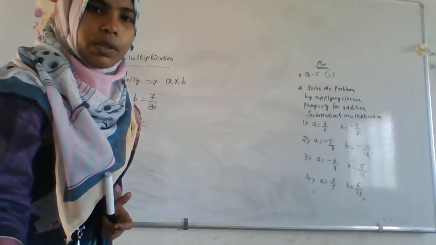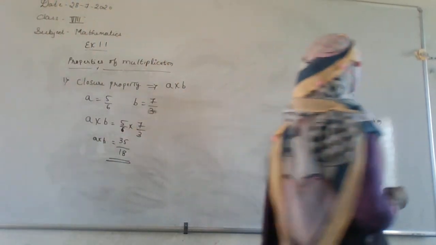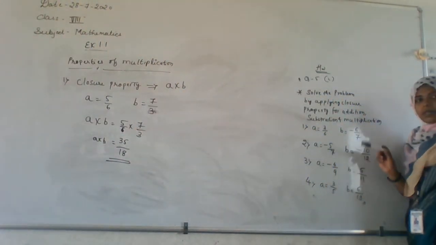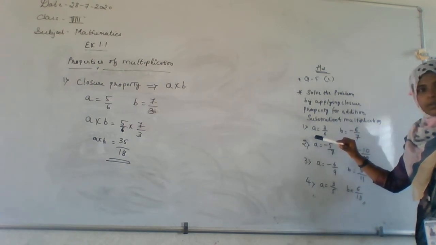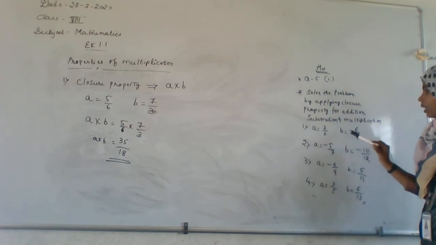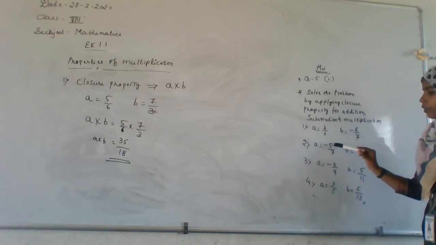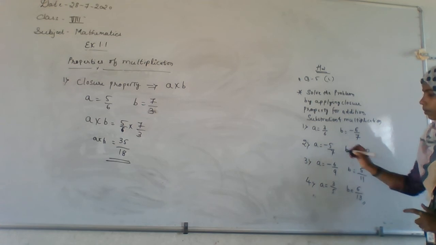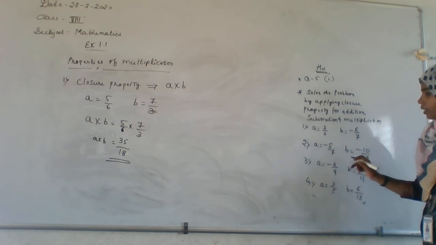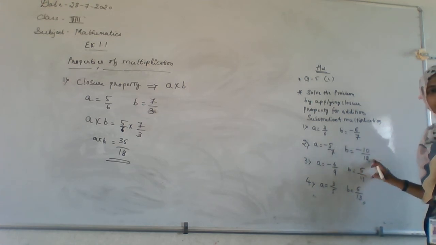I hope it is visible now. Here A equal to 3 by 6 and B equal to minus 6 by 7. A equal to minus 5 divided by 7 and B equal to minus 10 divided by 12.